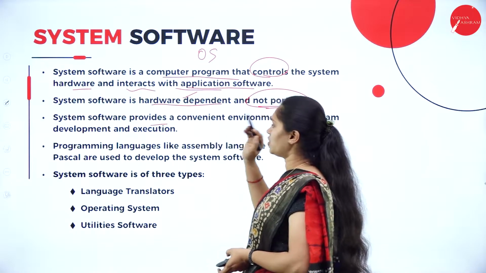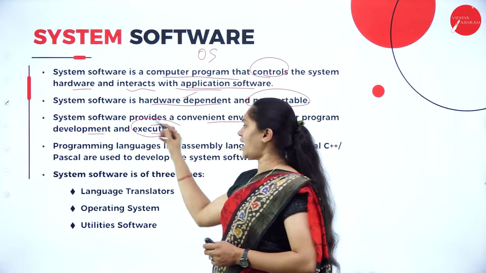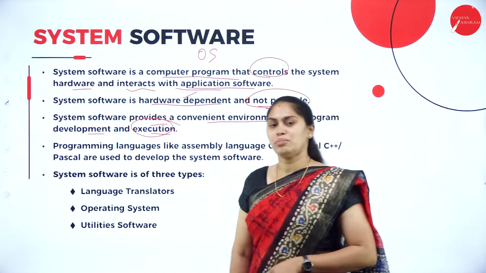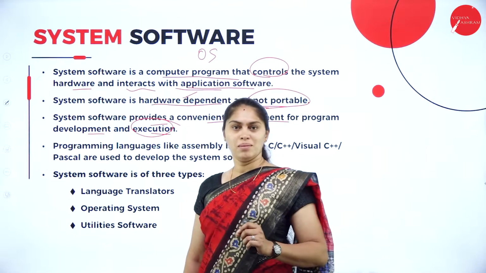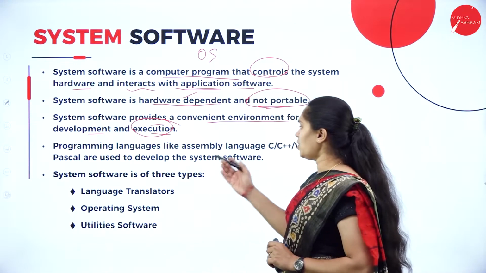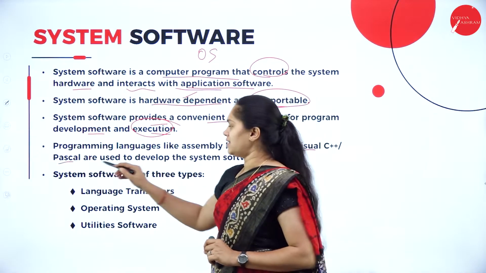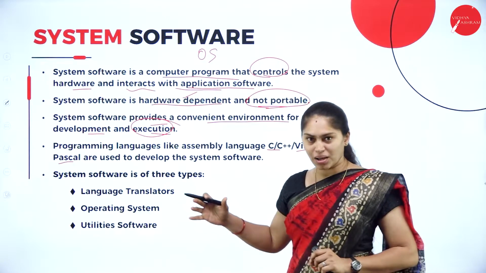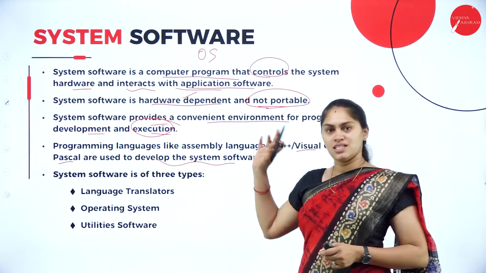And also it provides a convenient environment for programming development and execution. In order to do the programming and to execute that, the system software is going to give a platform. And here you can see C, C++, Visual, and then Pascal. These are the programming languages which we are going to use in order to develop system software.